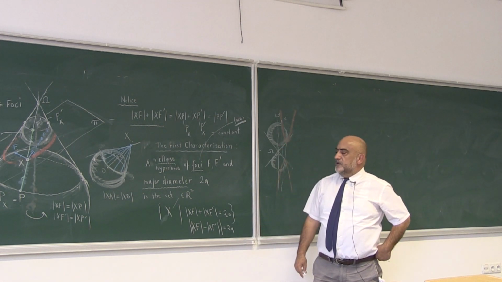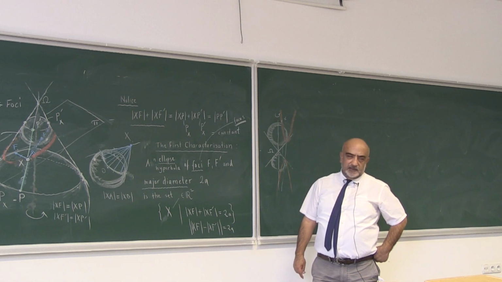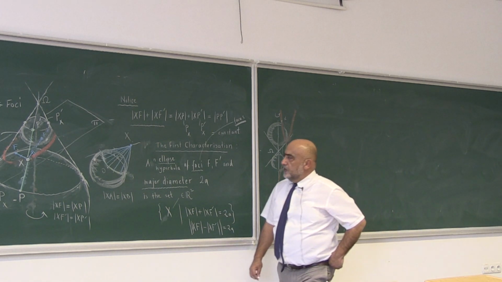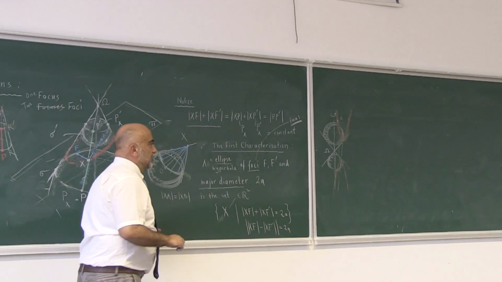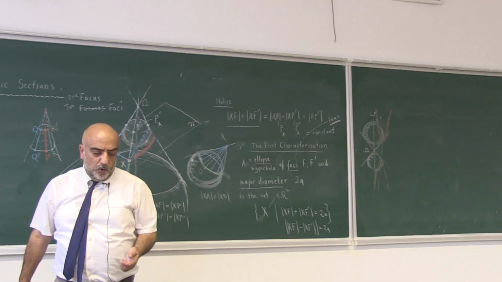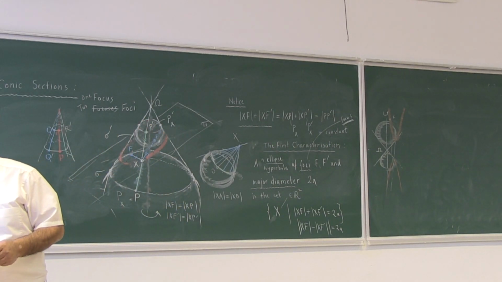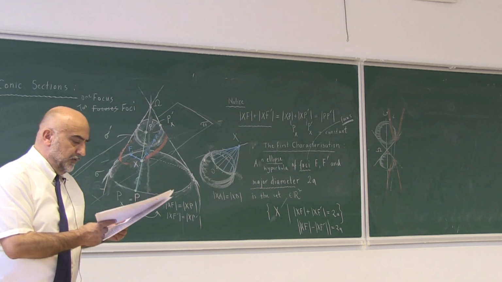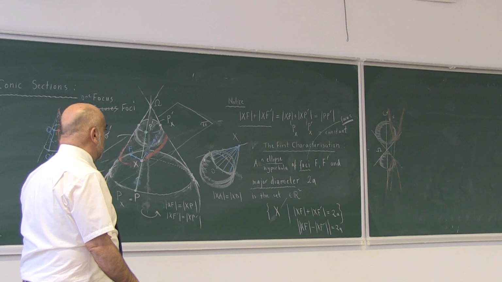So that's what happens if you intersect a cone with a plane. However, that's just one way of looking at the thing. There will be several other ways. Of course, this is really the beginning of a very interesting story.